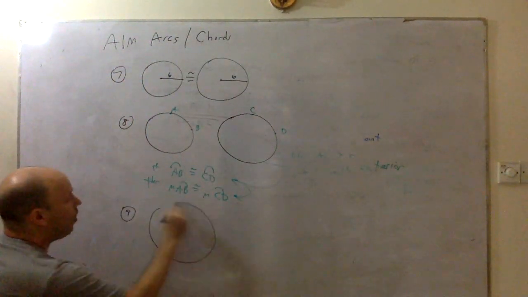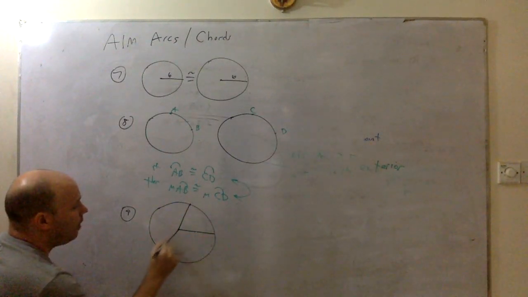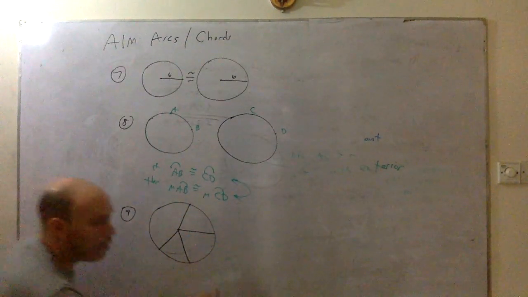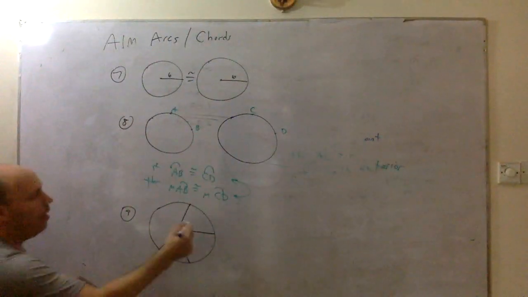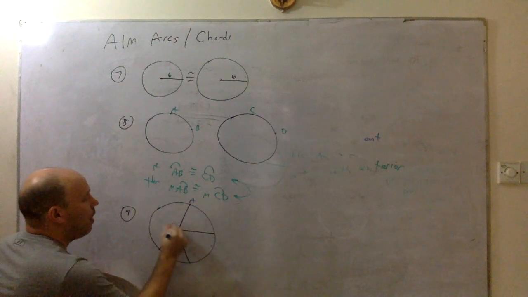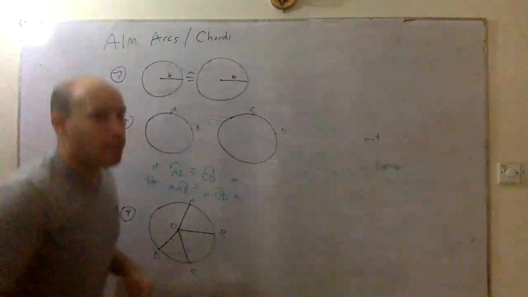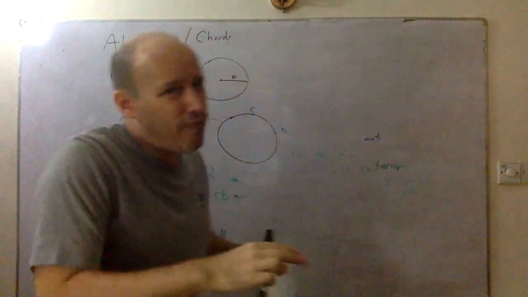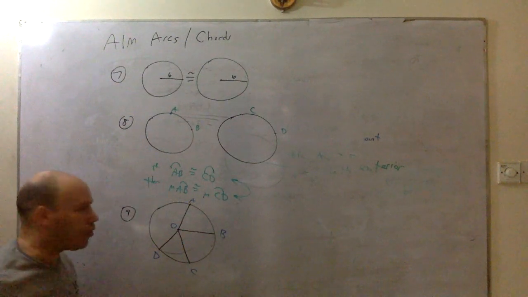If you have a circle and we have 2 central angles, A, O, B and C, O, D, it's very straightforward, but once again, it has to be said. We're not proving any of this stuff also.